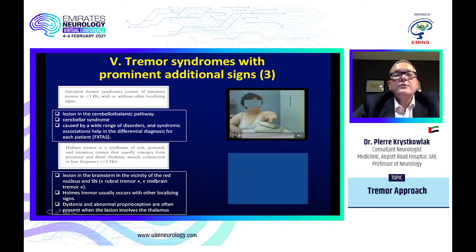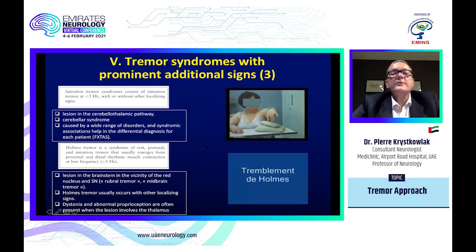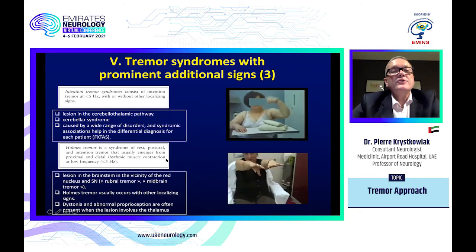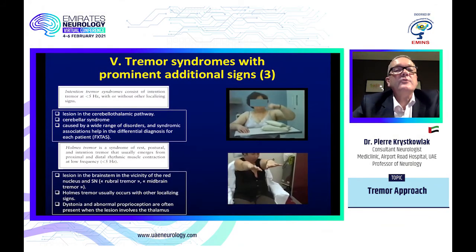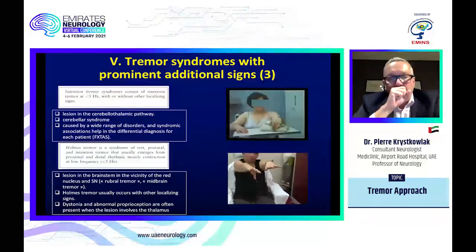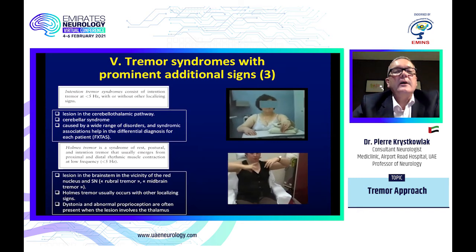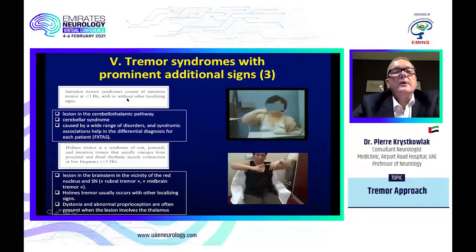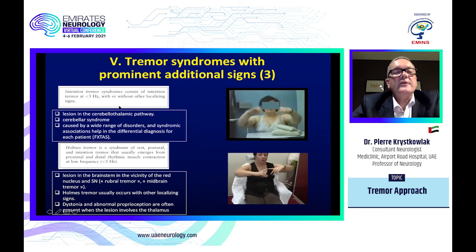Now let's move to another type of tremor syndrome with prominent additional signs, which is first of all the intention tremor syndrome, a kinetic tremor which exacerbates at goal approach, with or without other localizing signs.